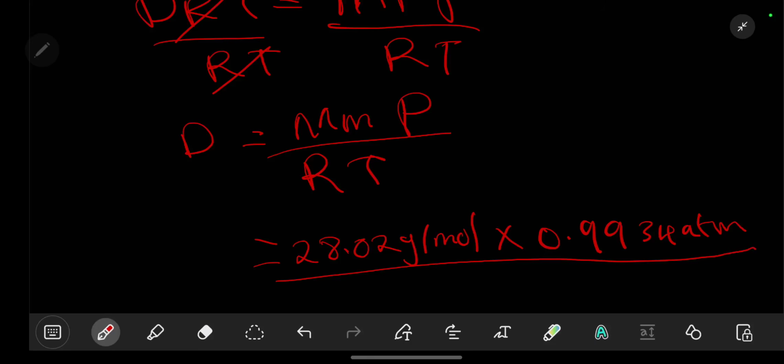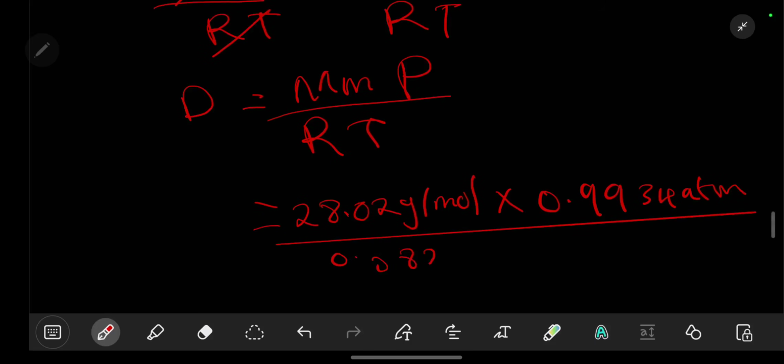We divide over our R, which is 0.08206, times our temperature. Our temperature was found to be 398.15 Kelvin, like that.